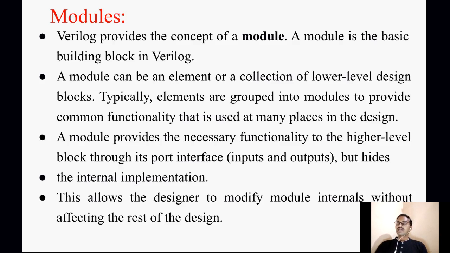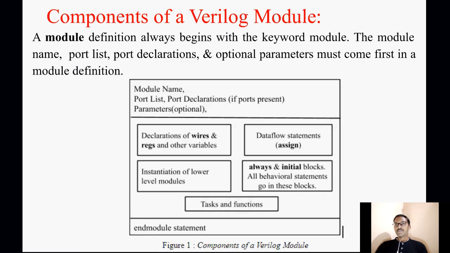So this will allow the designer to modify the module internals without affecting the rest of the design. Okay, so this module is nothing but a basic building block that only contains the inputs and outputs. Now let's see the components of the Verilog module.